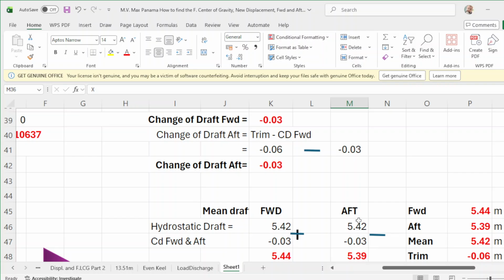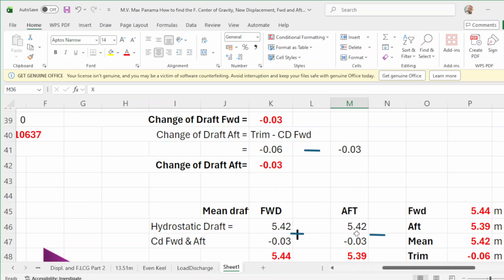Since you are trimmed by the head, this should be plus and this should be minus. So you will have more drop here. You add this one, that will be 5.44. This is only because of the mathematical equation, that you have 5.44.